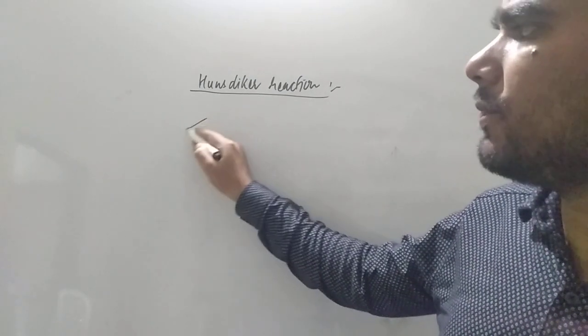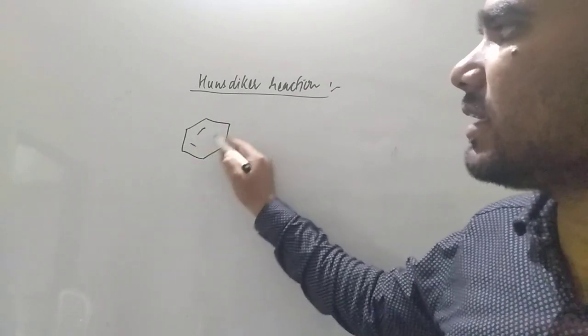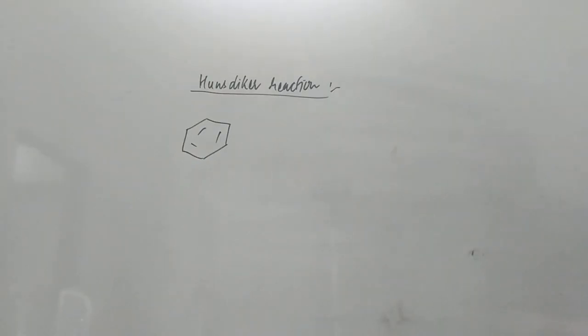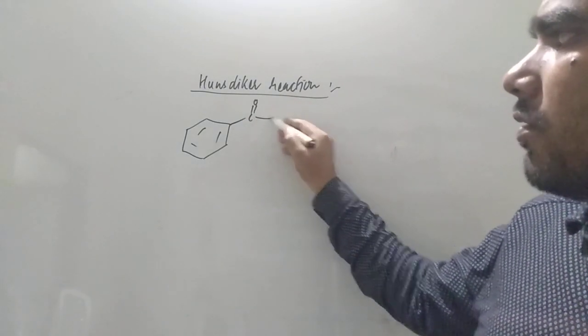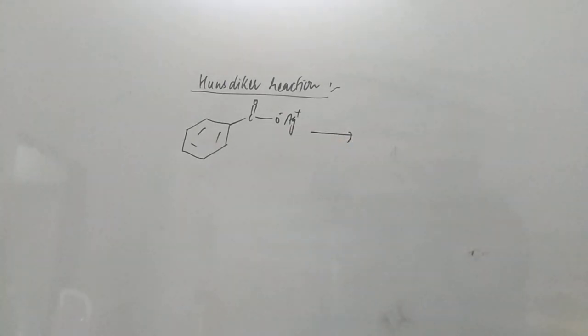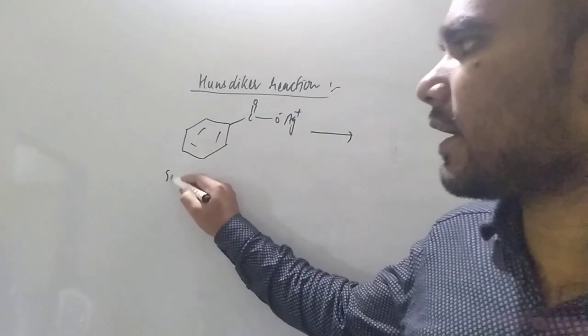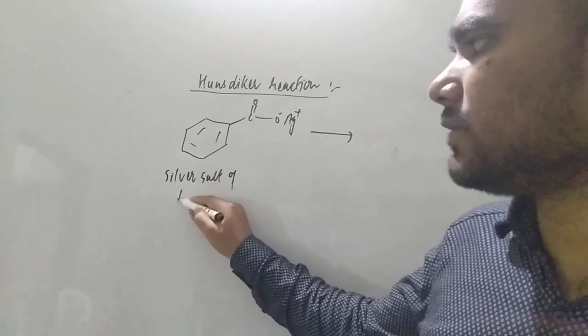In the Hunsdiecker reaction, we take the silver salt of any acid. Suppose we take C6H5COOAg, with COO minus and Ag plus. This is the silver salt of benzoic acid.